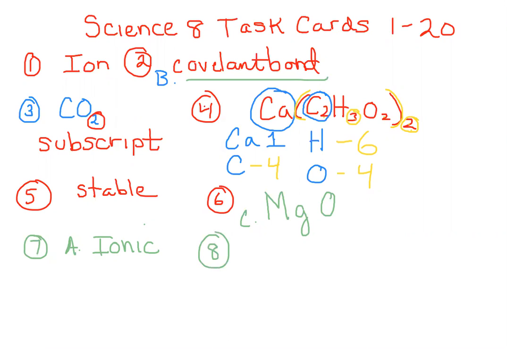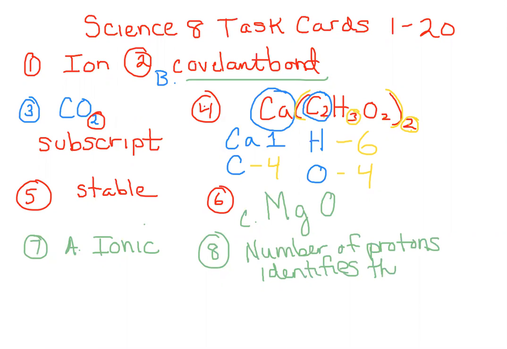Number 8, explain why electrons can be transferred from atom to atom, but protons cannot. The reason is because the number of protons identifies the atom. It's what gives the atom its identity.